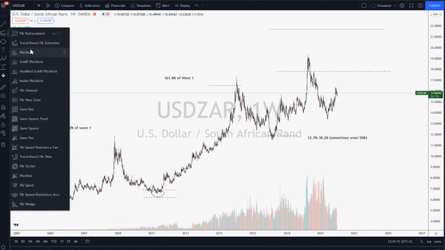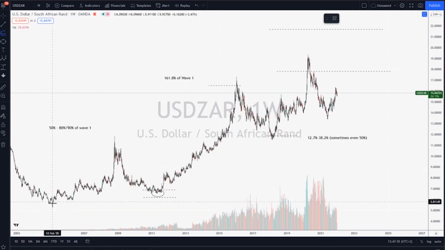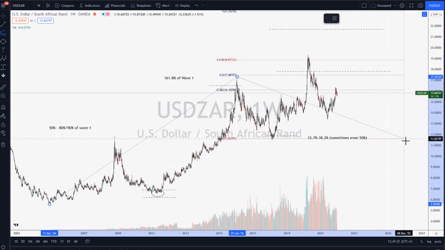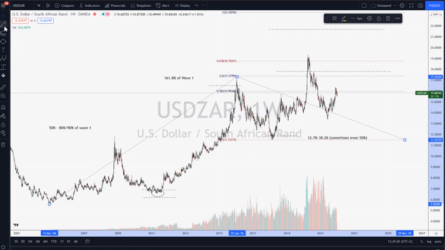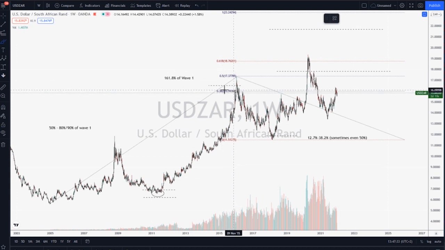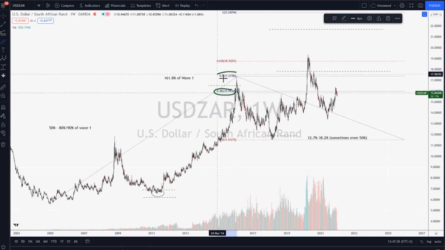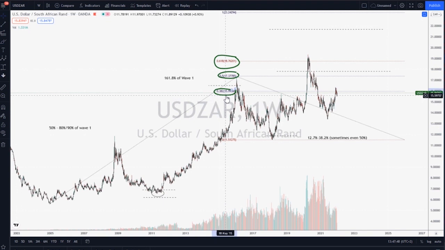So I take my trend extension Fibonacci tool from the bottom of wave 1 to the top of wave 3 to the bottom of wave 4, and I look for 3 levels, being the 38.2 extension of wave 1 to 3, the 50% extension of wave 1 to 3, and the 618 extension of wave 1 to 3. These are my 3 main targets usually when I am trading the wave 4 to 5 impulse move.